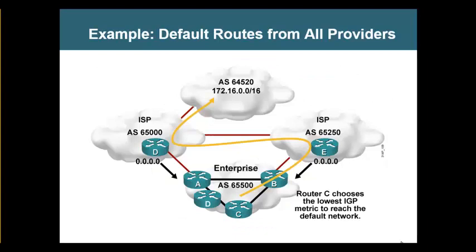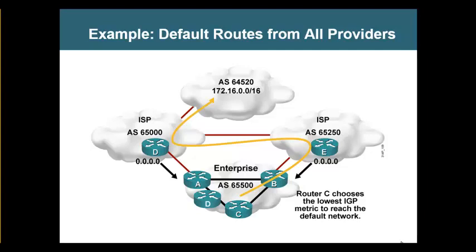Fine. Now when we are having this multi-homing scenario, ISPs provide route information so the enterprise can use the routes and reach the external networks. It may be like this: just a default route provided.